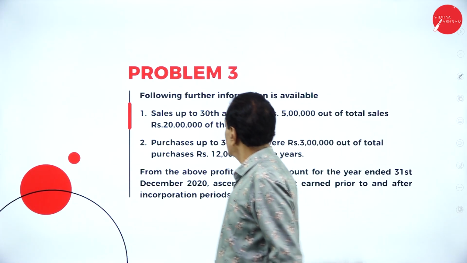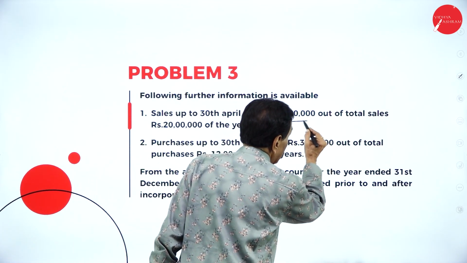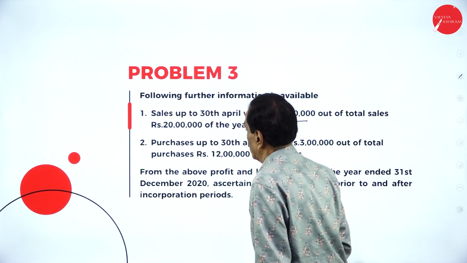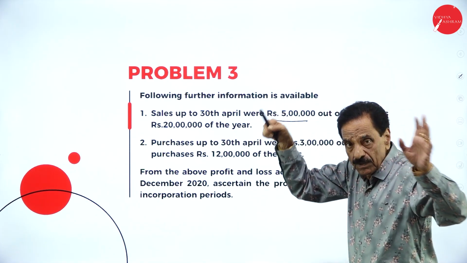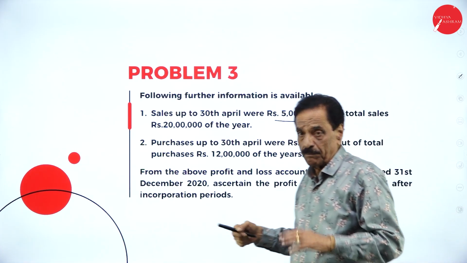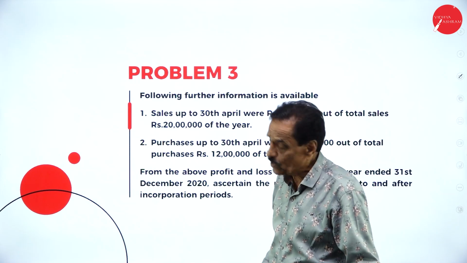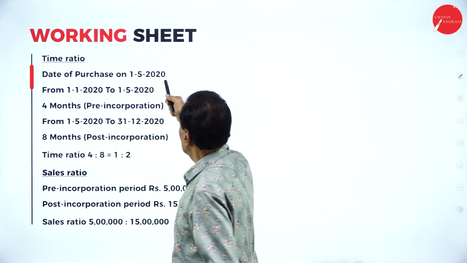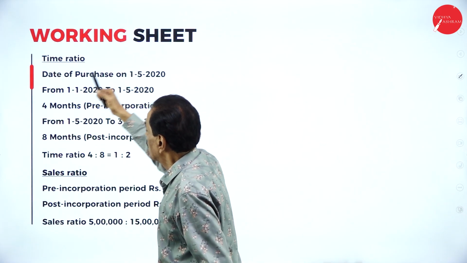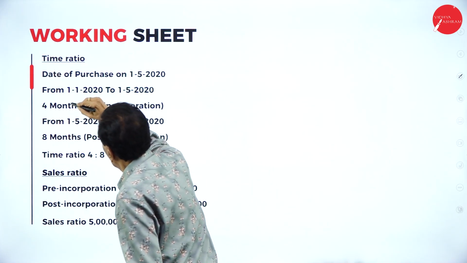Here, sales up to 30th April were rupees 5 lakh out of total sales of 20 lakh. Totally, sale is 20 lakh, up to 30th April. Then 1st May. January, February, March, the first 4 months. Date of incorporation 1/5/2020. From 1/1/2020 to 1/5/2020 is 4 months.